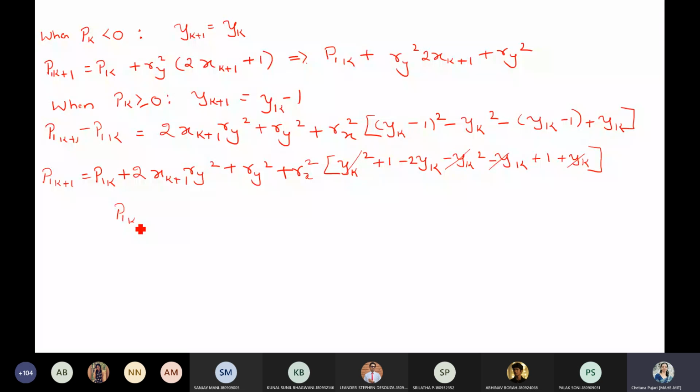So next, p1 of k plus 1 will be equal to p1 of k plus 2 into x of k plus 1 into ry square plus ry square minus 2 into yk rx square.